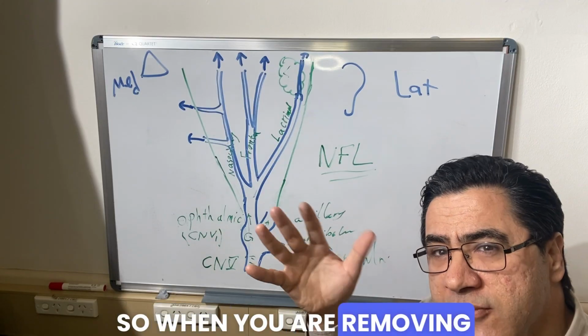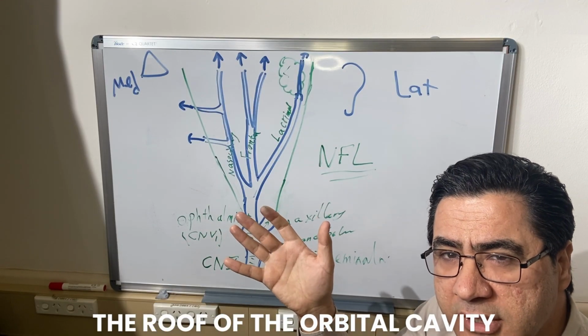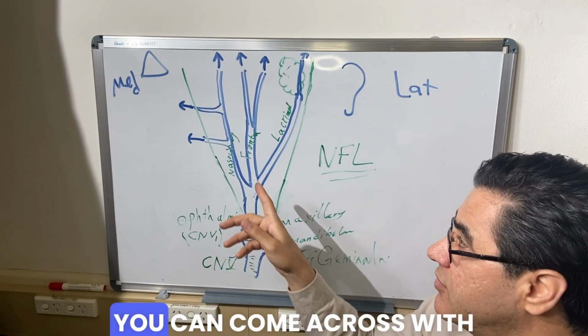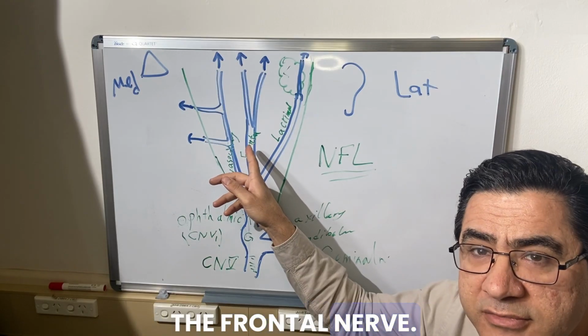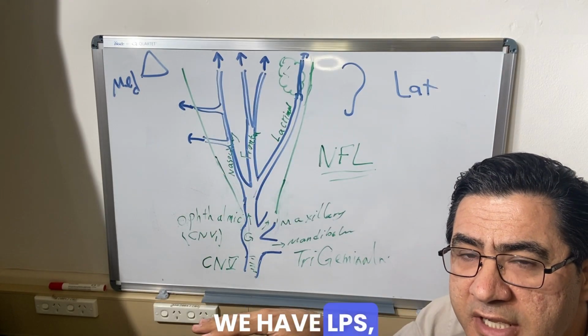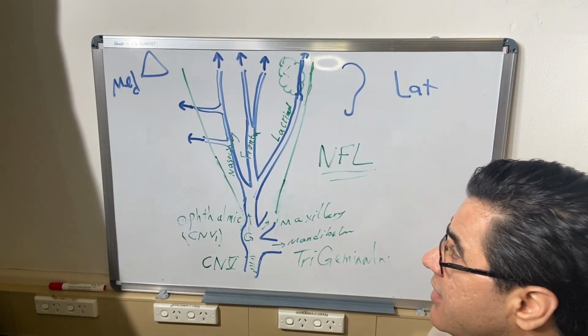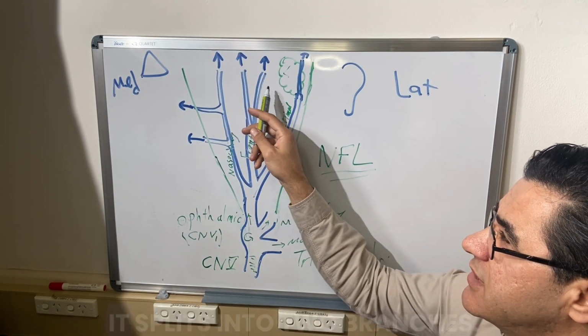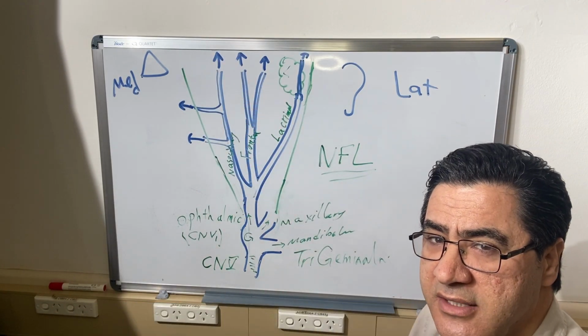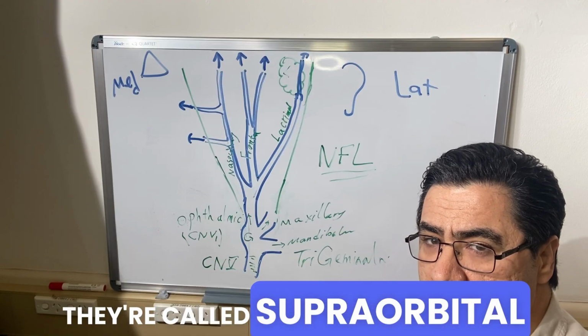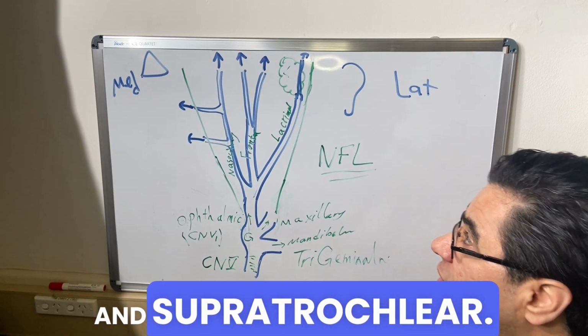So when you're removing the roof of the orbital cavity, you can come across the frontal nerve, and then deep to this we have LPS, levator palpebrae superioris, and then we have superior rectus. The frontal nerve goes forward and splits into 2 branches. They're called supraorbital and supratrochlear.